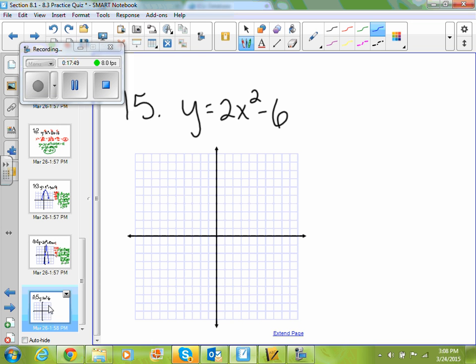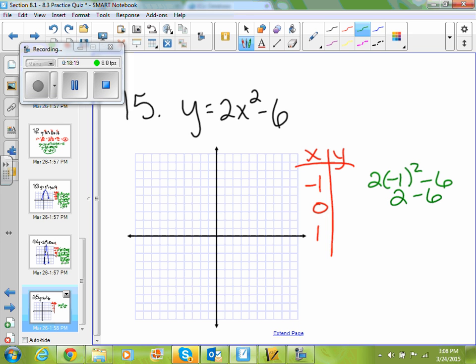Alright, and y equals 2x squared minus 6 is my last one. So I'm going to use the same values for my table. So 2 times negative 1 squared minus 6. Well, negative 1 squared is 1. 1 times 2 is 2. 2 minus 6 is negative 4.